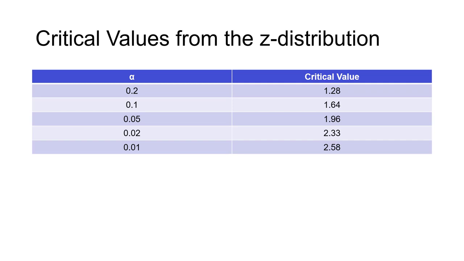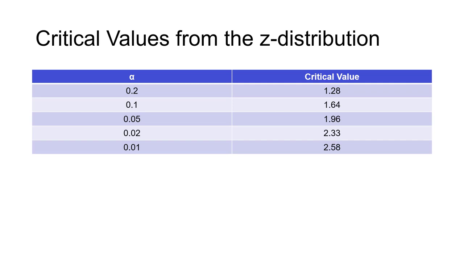When I have an alpha value of 0.01, I end up with a critical value of 2.58 standard deviations, so they're much wider. So a 0.2 level corresponds to the 80% confidence interval, and the 0.01 level corresponds to the 99% confidence interval.